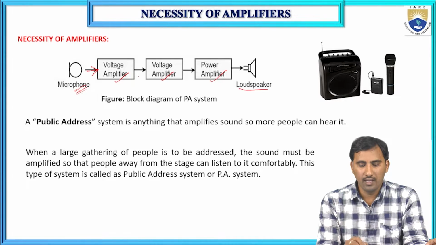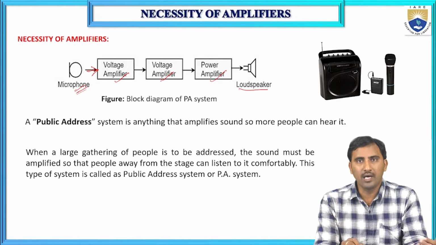The initial stages are voltage amplifiers because the signal received from the microphone or any sensor will be very small in voltage, in the millivolt or microvolt range. That should be amplified before it can drive an output device like a loudspeaker or motor. That's why the initial stages are voltage amplifiers.